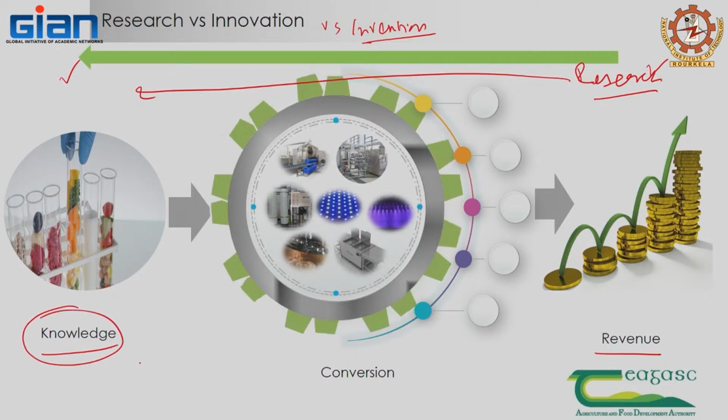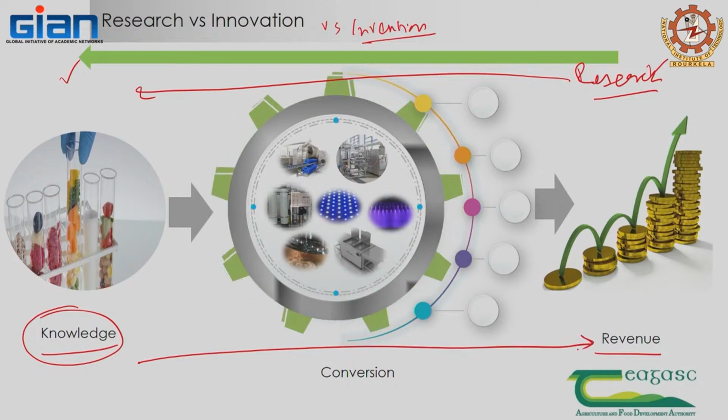When the same knowledge is used to create revenue, that will be considered innovation. Is that clear? So you need money to do the research project. A research project is there, people are employed on it, people do PhDs and they get stipend, salary. So what is their purpose? To create knowledge. Once you create knowledge, you develop a technology, you develop a process, and that particular process is again used to generate income. That's the purpose of it.